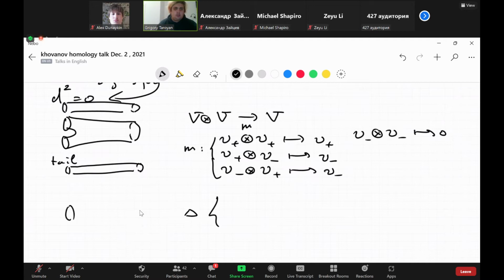Comultiplication, of course, corresponds to the moment when one circle becomes two circles. And this idling here corresponds just to identity.